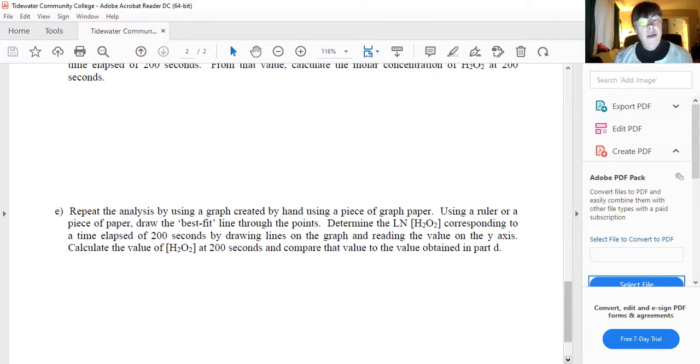It will not be the same. Best guess eyeball fit is never quite as good as the calculations that are done by the trend line. But on the other hand, it should not be vastly and exceedingly different.